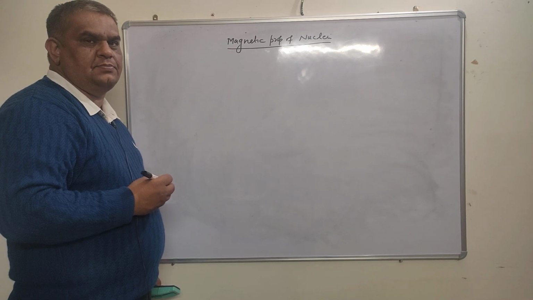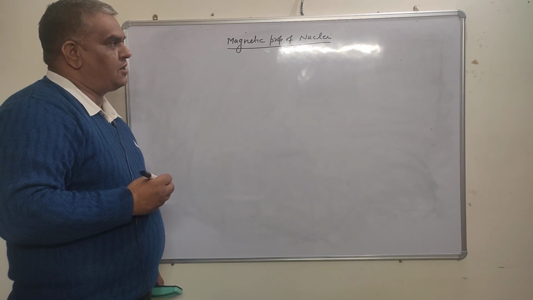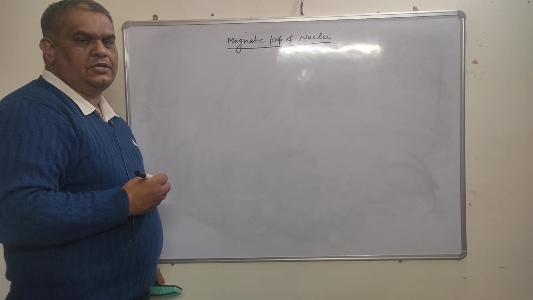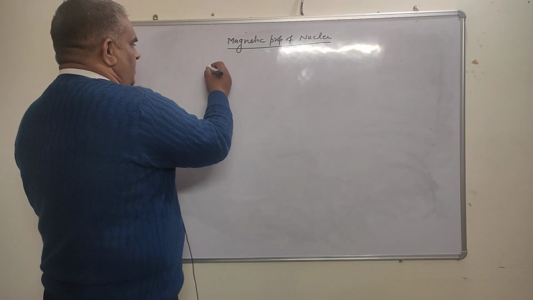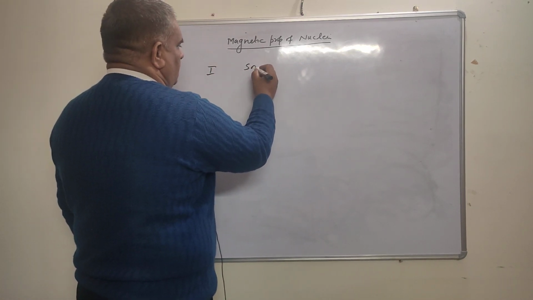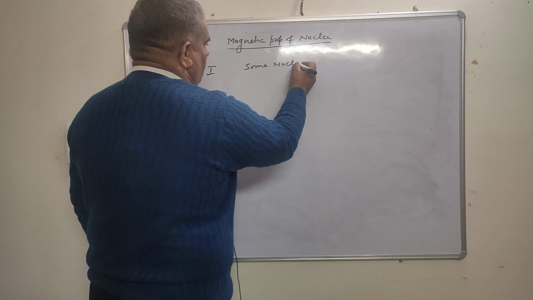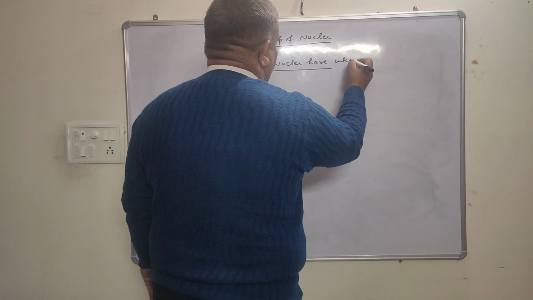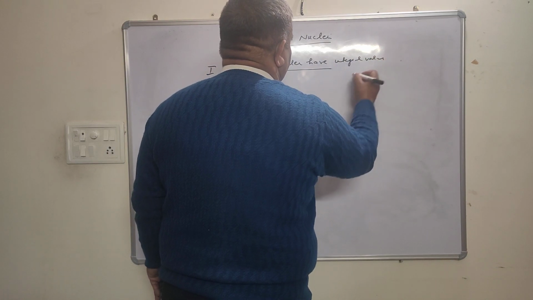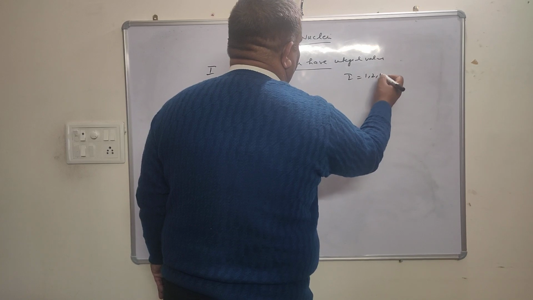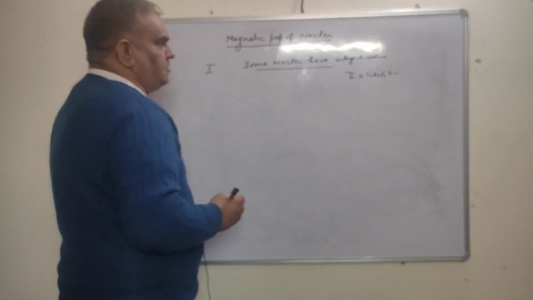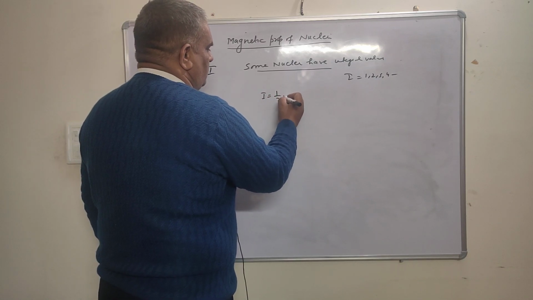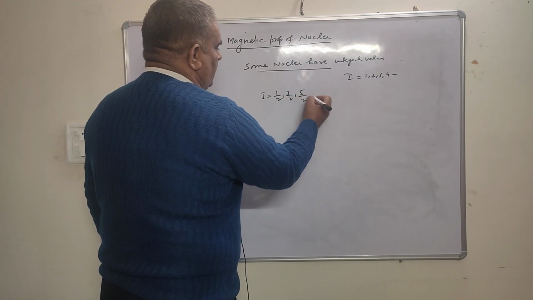In nuclei in which the spins of the nuclear particles are not paired, the nucleus as a whole will have a resultant nuclear spin quantum number, I. Some nuclei have an integral value, that is I equal to 1, 2, 3, 4, 5 and so on, and some nuclei have a fractional value, that is I equal to 1/2, 3/2, 5/2, etc.